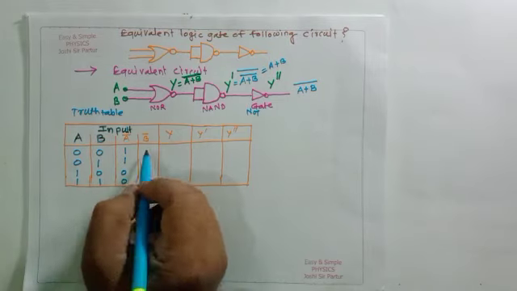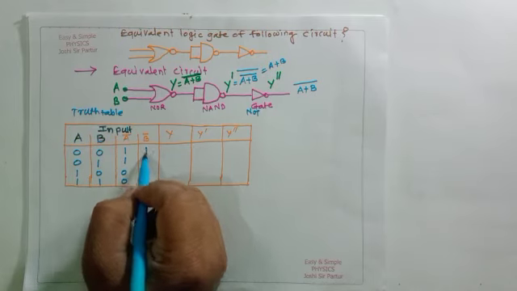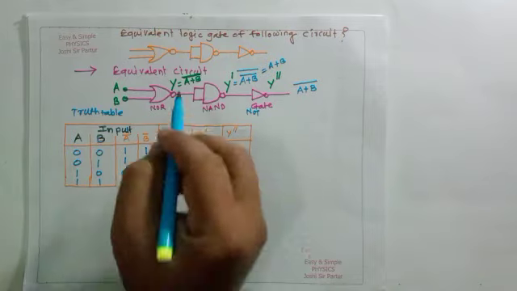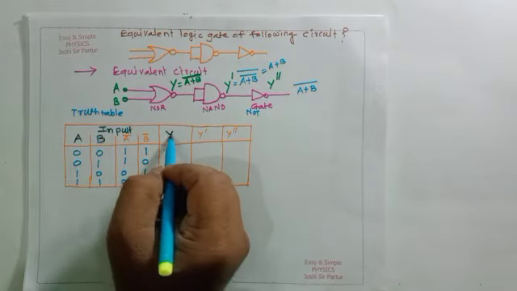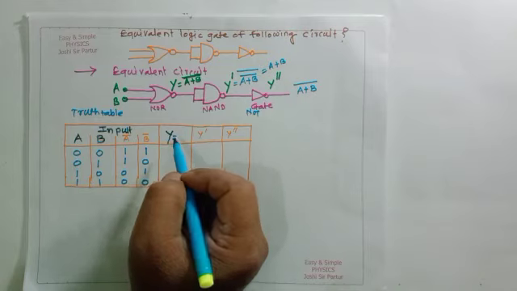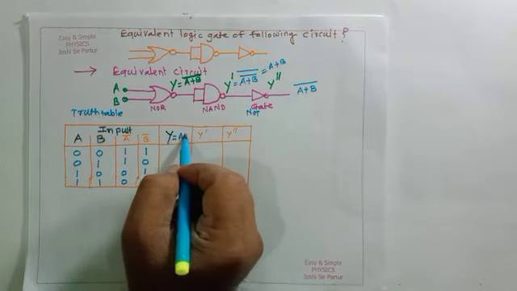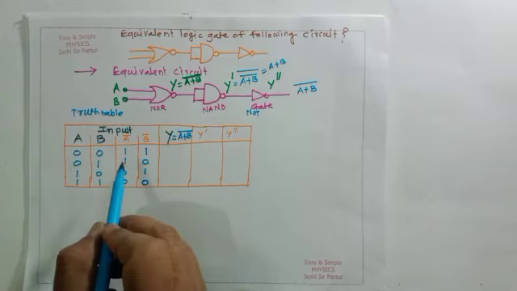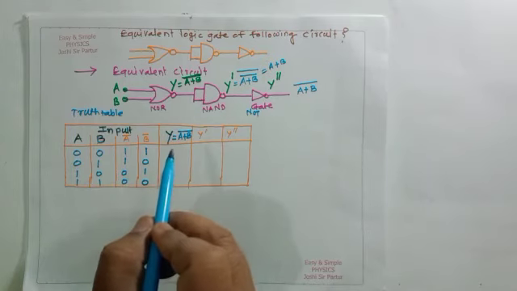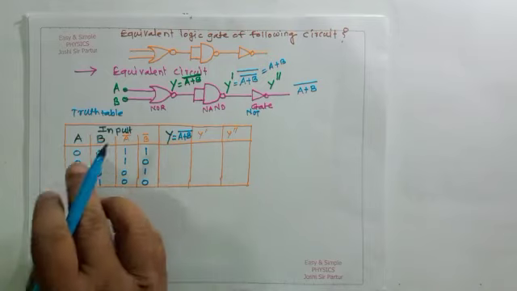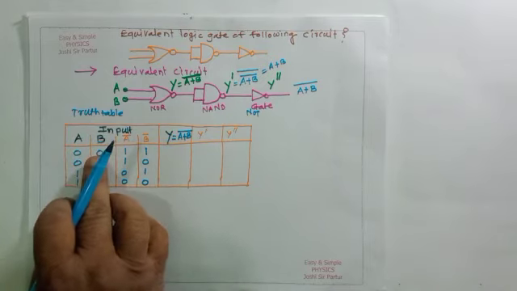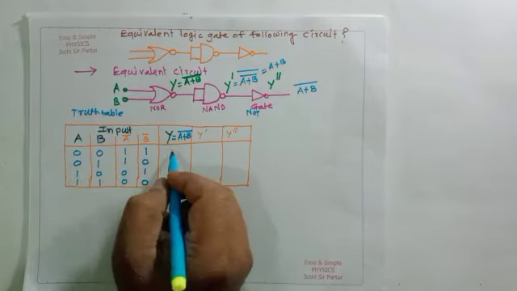Complement of B is high, low, high, low. First, the output Y will be the complement of A or B. See here, for A, B, A or B is low, and its complement is high.